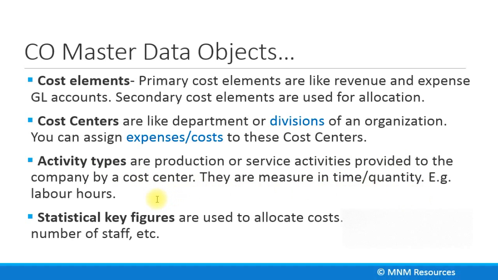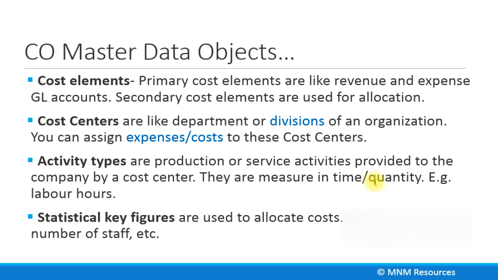So if your maintenance cost center is providing labor to maintain the plant or the production line, or to produce a product, and you are sending out staff from this particular cost center to go and monitor those products, that is measured in time. So those activity types will be called labor hours. So you might have a maintenance cost center and their activity types will be called labor hours.